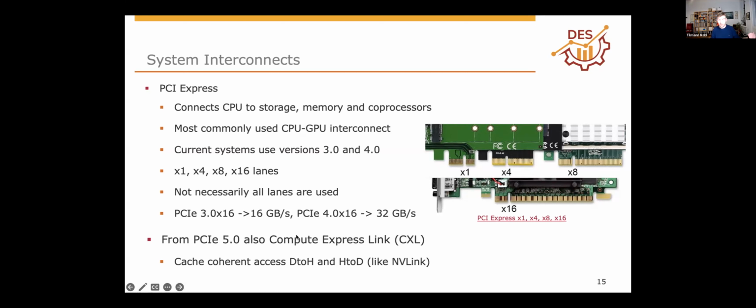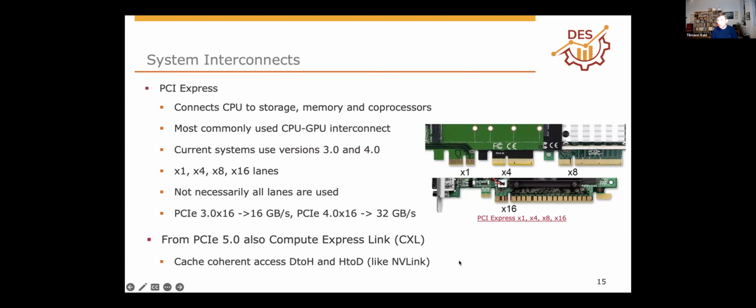But now we also have 5.0 already, and there we also have a new abstraction, which is Compute Express Link, which also gives you cache coherent access across this interconnect. But I'm not going to go into more details here.